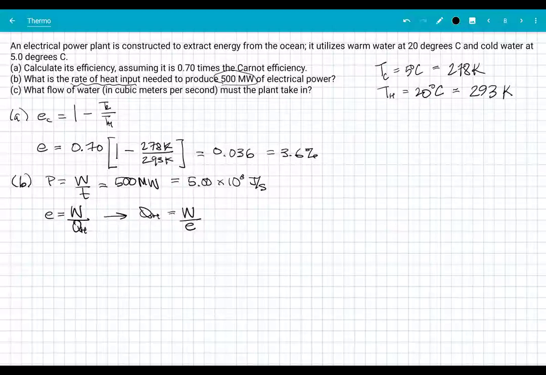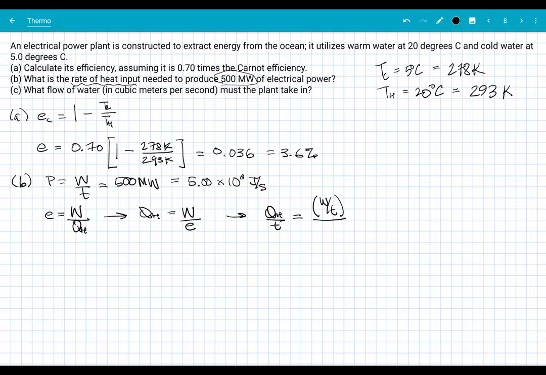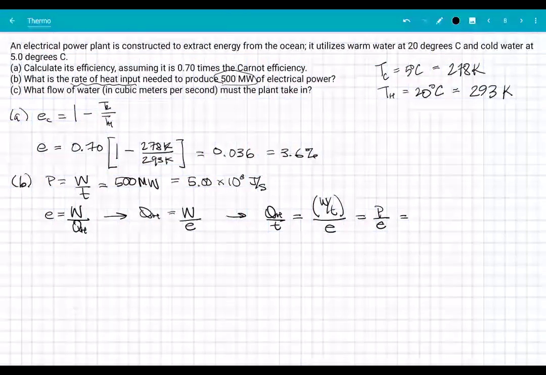So if we're interested in QH over time, which is what they're asking for, the rate of heat input, that'll be equal to work over time divided by efficiency, which is going to be our power that we're given divided by efficiency. Okay, cool. So power I know is 500 megawatts.